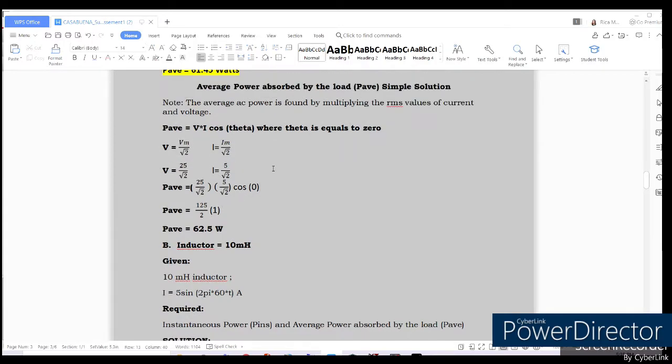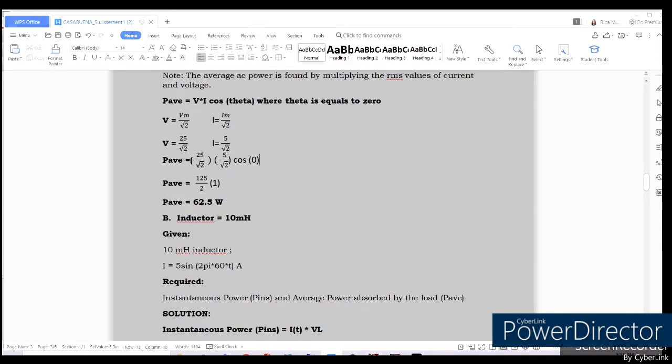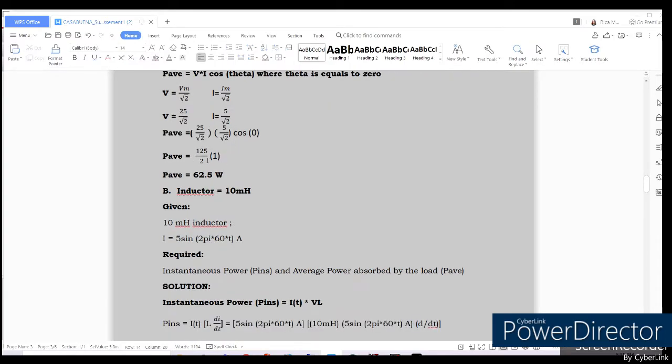Using our calculator with the angle set to degrees, cosine theta is equal to 1, and thus the average power is 62.5 watts in total. So that's part 1.